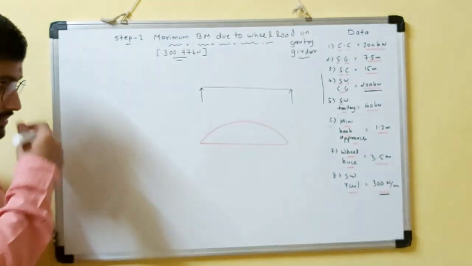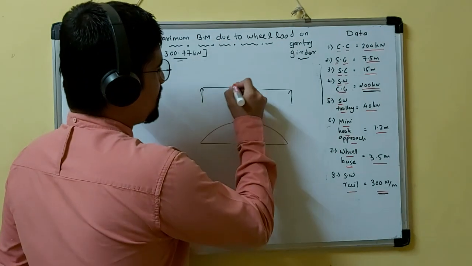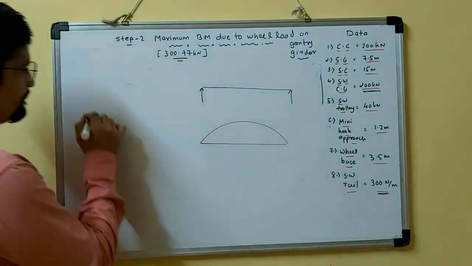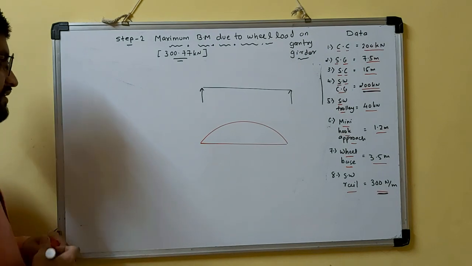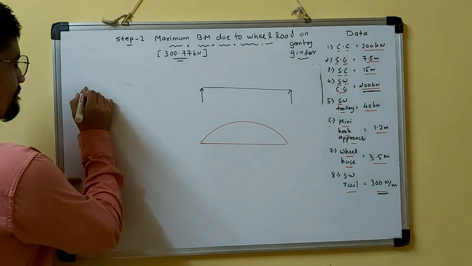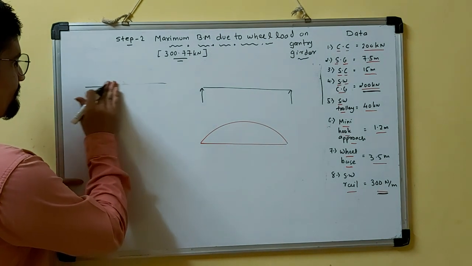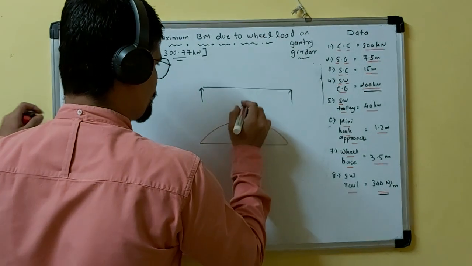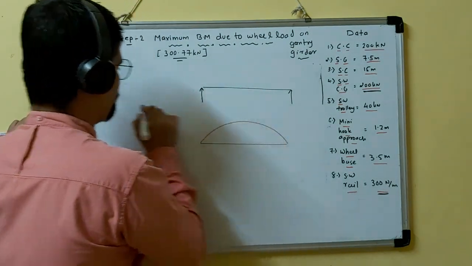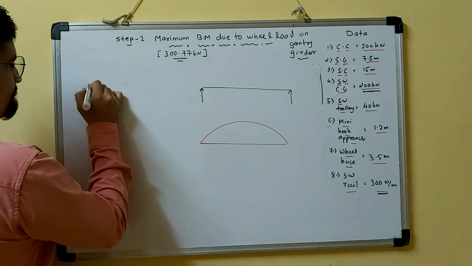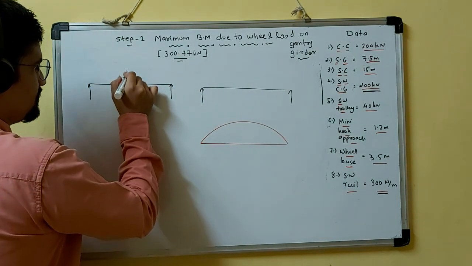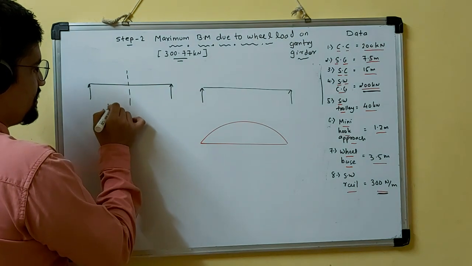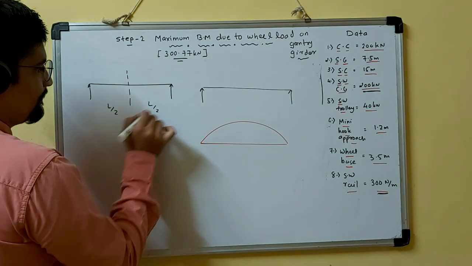If we place our two wheel loads like this, this is L, so this is the center, L by 2, L by 2.